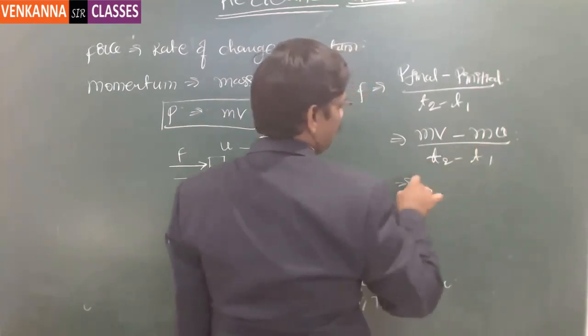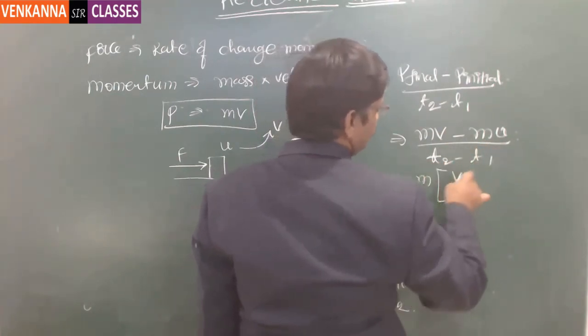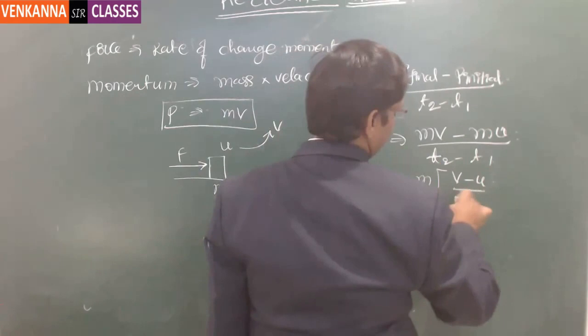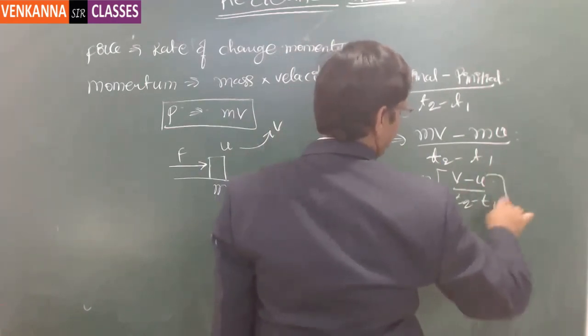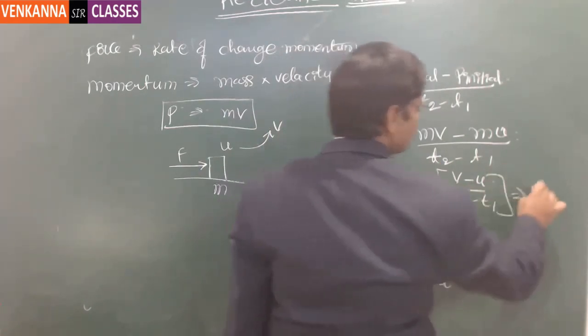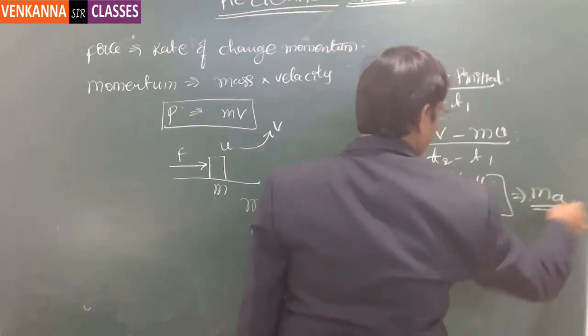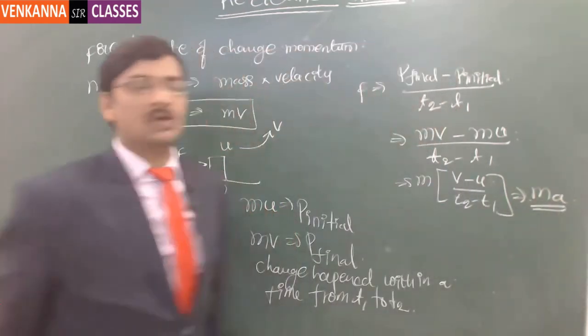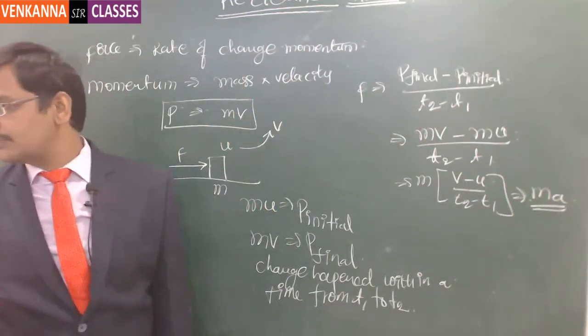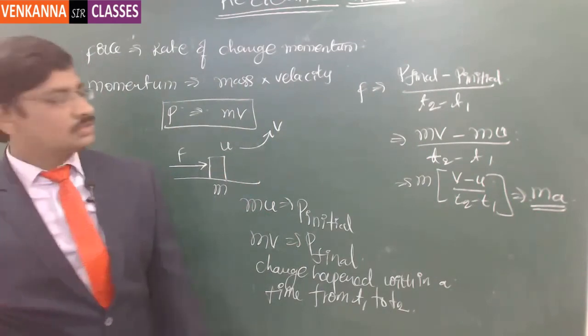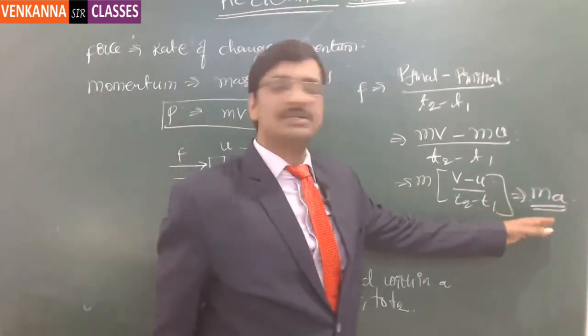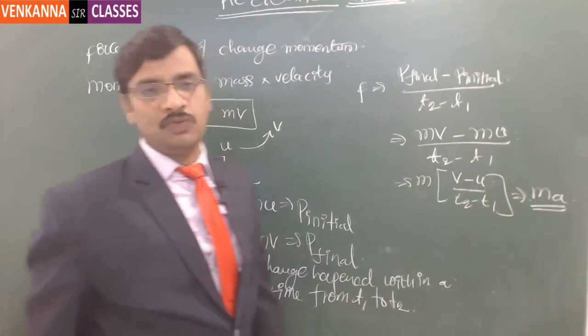So this is mass times the change in velocity by change in time, and this is what we treat as the acceleration, because the rate of change of velocity we call the acceleration. Hence mass into acceleration will straight away give the force for us.